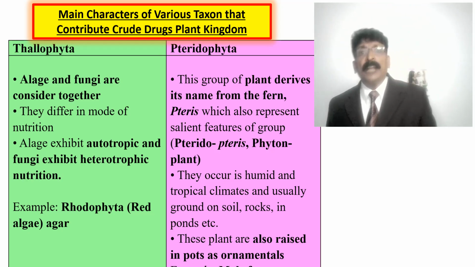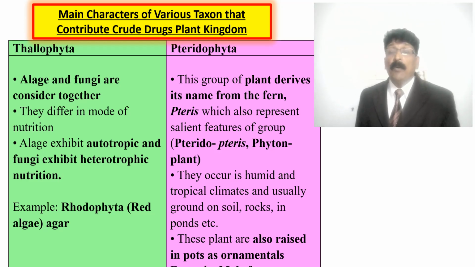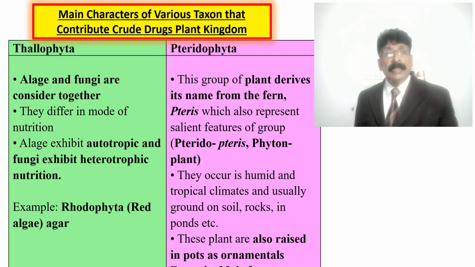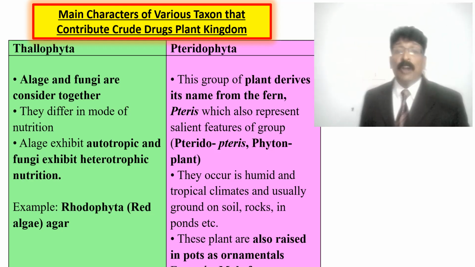And you can see Pteridophyta. This group of plants derives its name from the fern, male fern, or you can say pteris, which also represents the salient features of the group of pteridophyte plants.